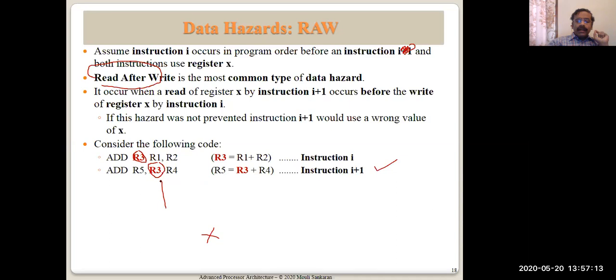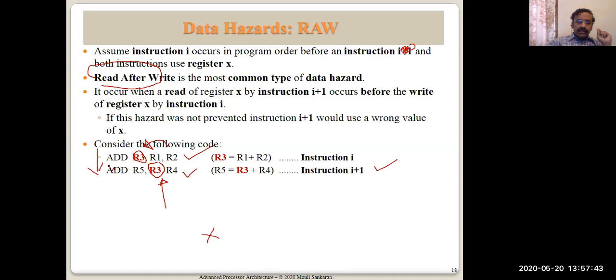I want to read R3 after I has written into R3. That is what my intent is. When I wrote the code one after the other, I expect R3 to have the value of R1 plus R2 to be used for my next computation, R3 plus R4. Maybe I'm doing a cumulative addition of values. So I need to have this value.